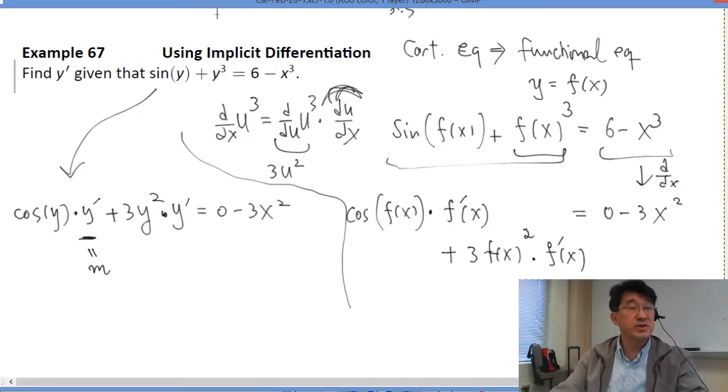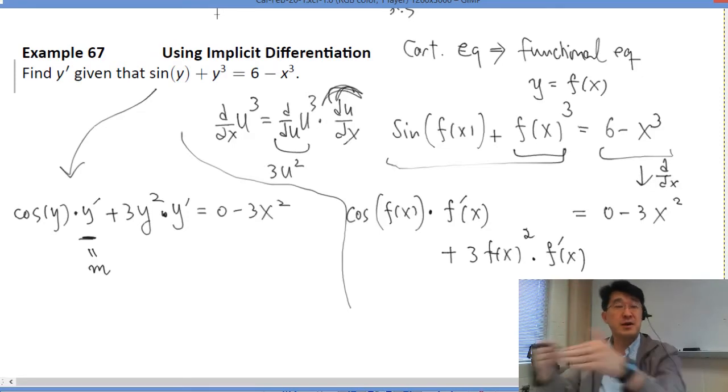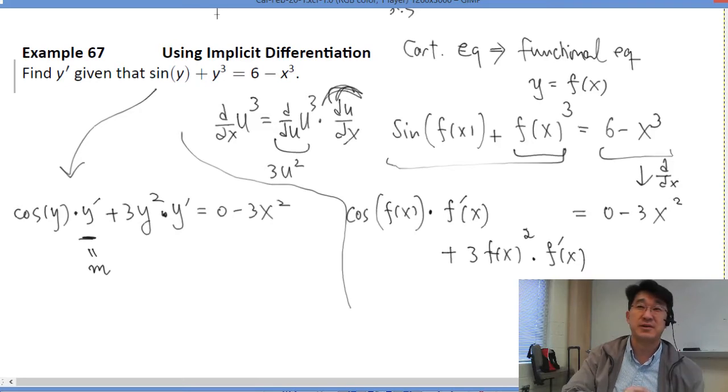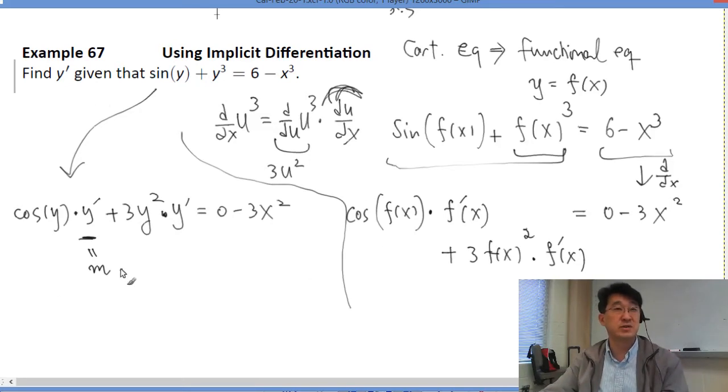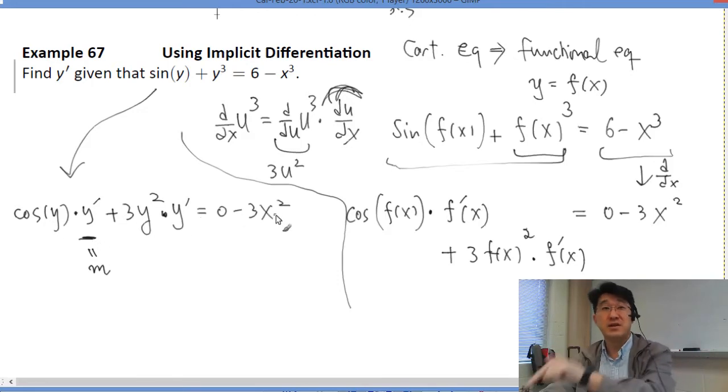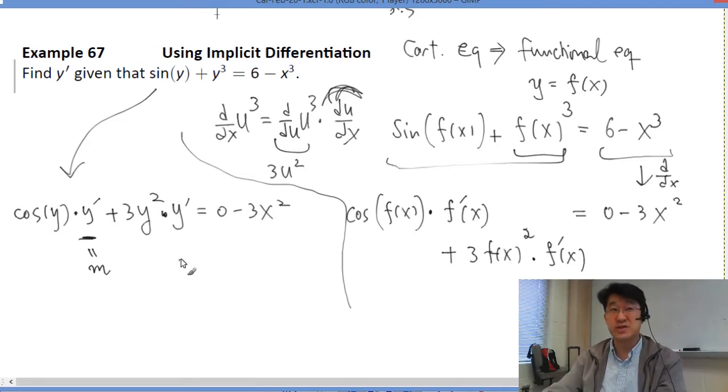Starting with the Cartesian equation, enter the functional equation, coming back to the Cartesian equation. So what does this mean in the Cartesian equation? Y prime is slope, right? Y is the y coordinate. X is the x coordinate in the xy plane. That transition makes sense? Starting from the Cartesian equation, go to a functional equation, come back to the Cartesian equation.